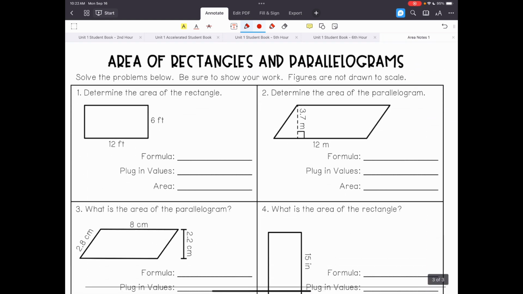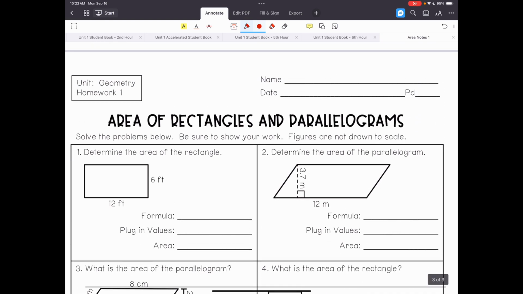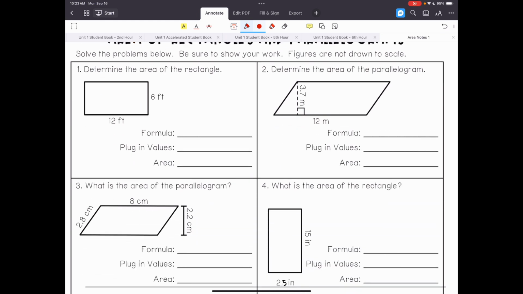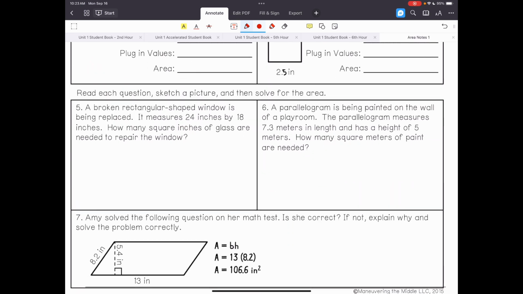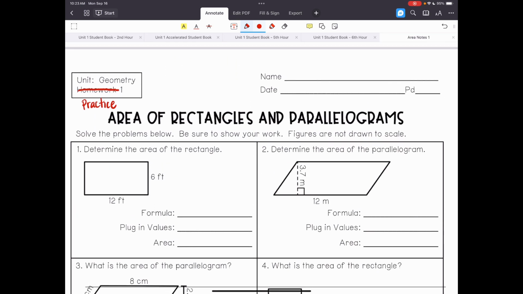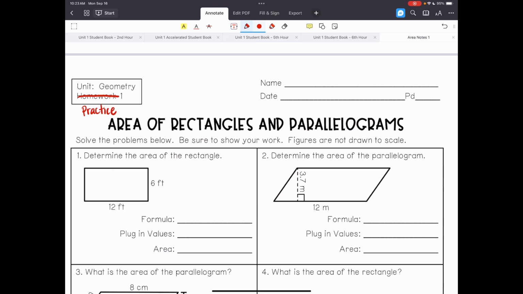So the next page you're going to get from the substitute is the practice page. It says homework. It's really just practice. Okay, so you don't have to panic about that, but it's practice. But you can continue watching independently on your own Chromebook in Google Classroom to follow along if you want to do these problems with me. If you feel like you can do this independently, then all you have to do is get to work on it, but it should be a voice level 0 to 1.